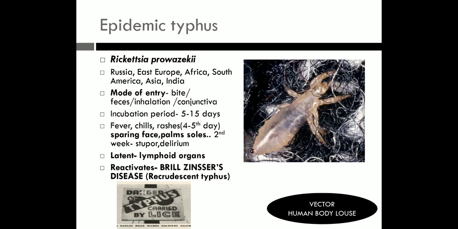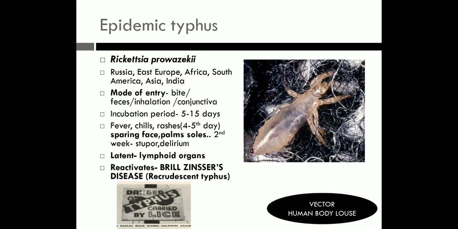The lice, as I mentioned, become infected while feeding on the blood of rickettsemic patients, and Rickettsia prowazekii enters the louse gut epithelial cells and multiplies by binary fission until the massively infected cells burst and are released into the louse feces 5 to 7 days after ingestion.